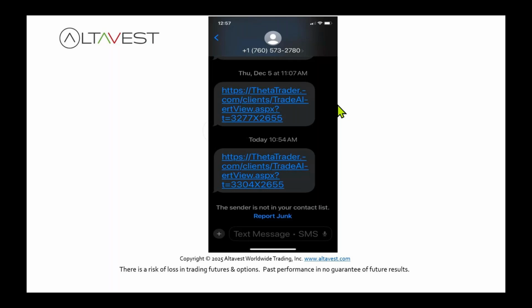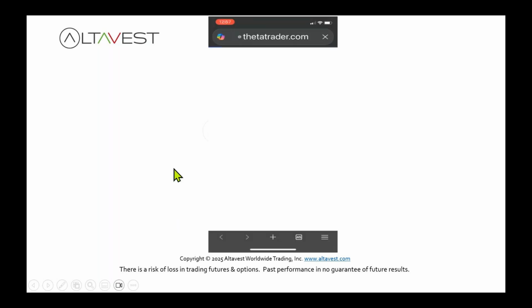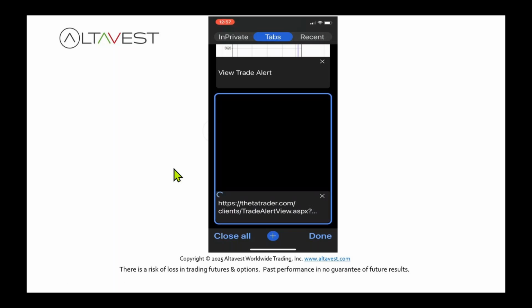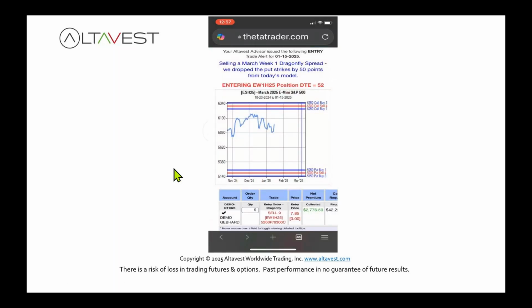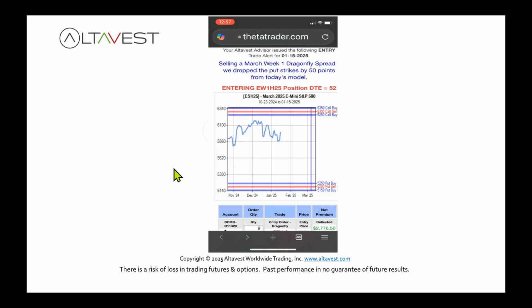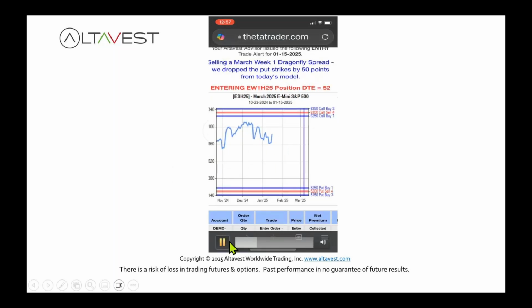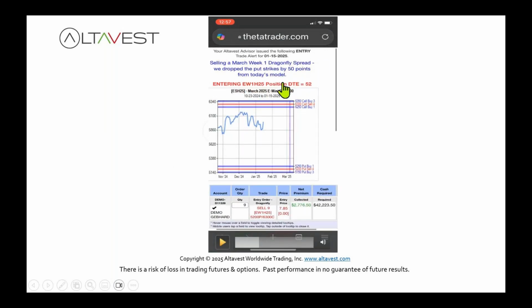You're going to get a text message, and this will be a hyperlink. So we'll go ahead and just play that. You'll touch the hyperlink, and it takes you directly to the ThetaTrader alert page. Of course, you have to be logged in. And you'll notice a brief description of the trade, how many days till expiration.